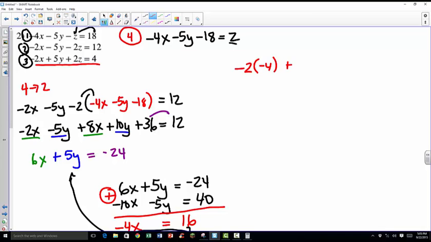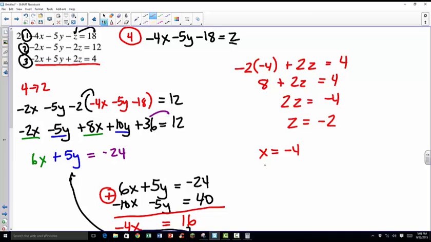Negative 4 was our value of x, and then plus 5 times y, we know y was 0, so plus 2z equals 4. So this is going to be a positive 8 plus 2z equals 4. Once I move that over, I get 2z equals negative 4, and z equals negative 2.